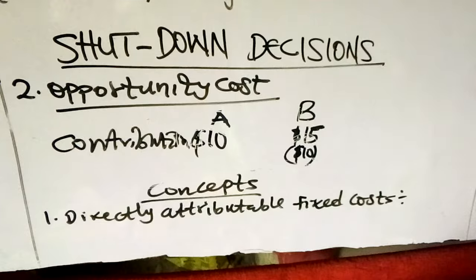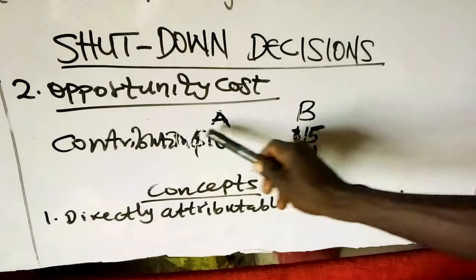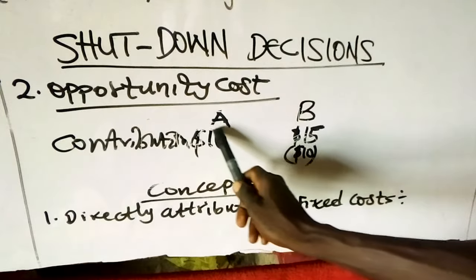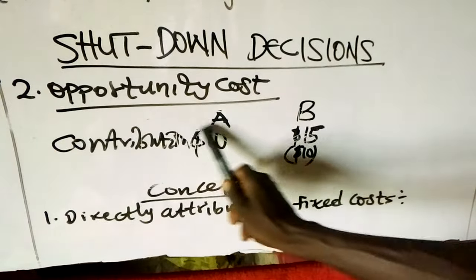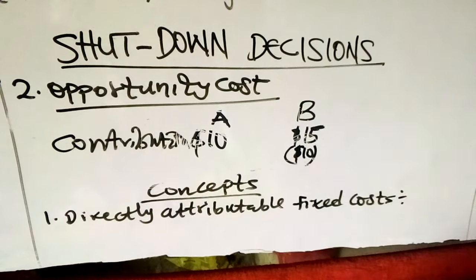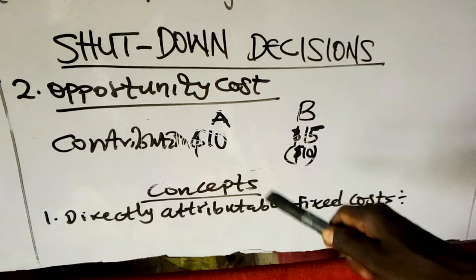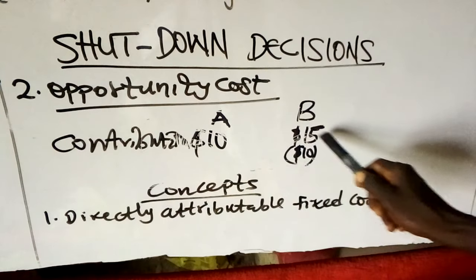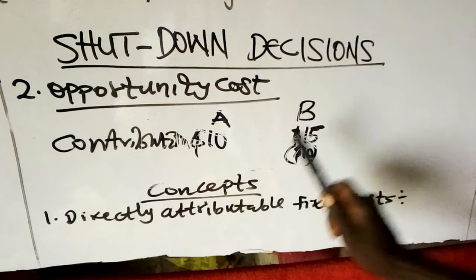You want to divert labor from project A to B, and in an attempt to divert that labor, it will lead to loss of contribution from project A, and you now use it to complete project B.